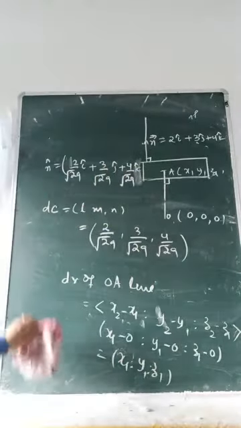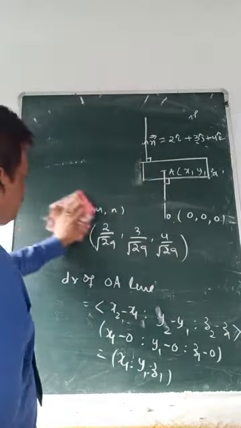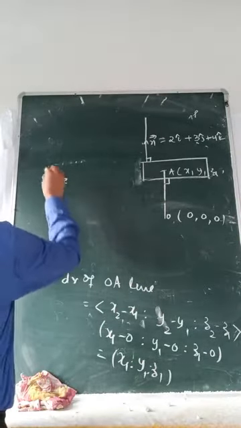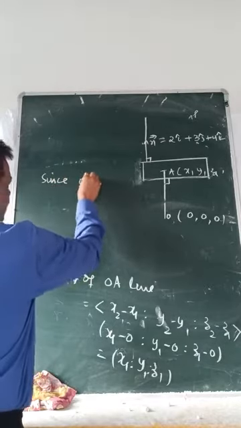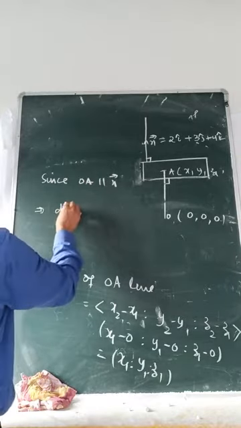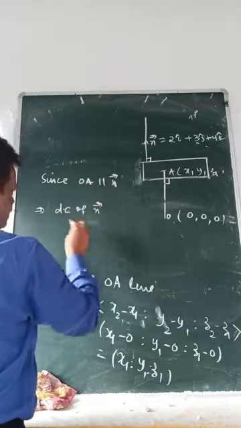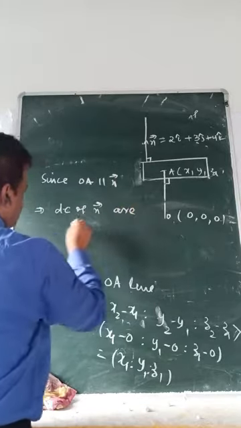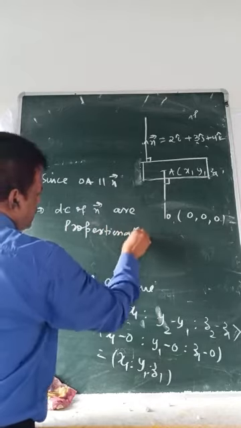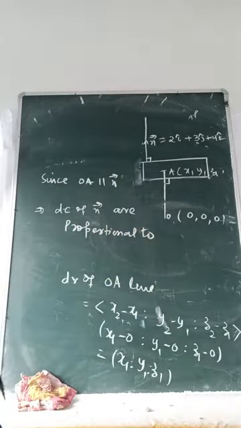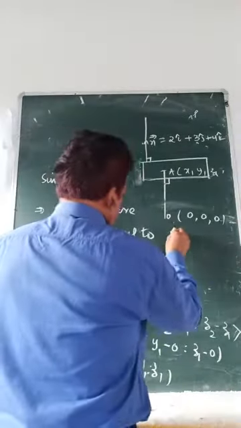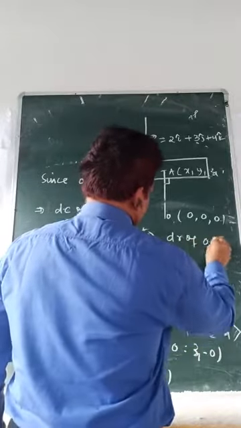So you can write, since OA is parallel to the n vector, DC of n are proportional to DR of OA.